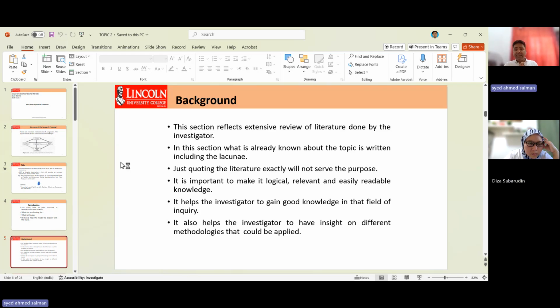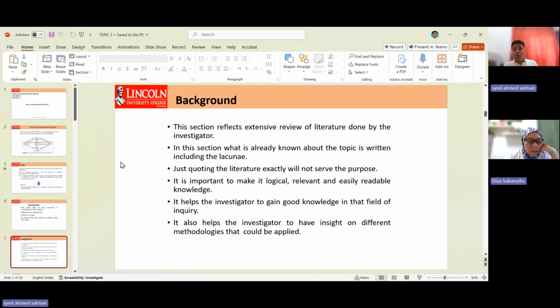This section reflects the extensive review of literature done by the investigator. You are the investigator. You are going to write about the usage of social media and academic performance of private university students.